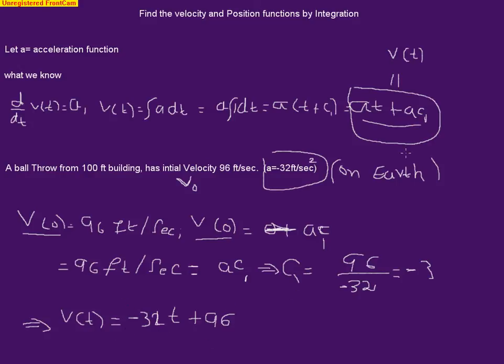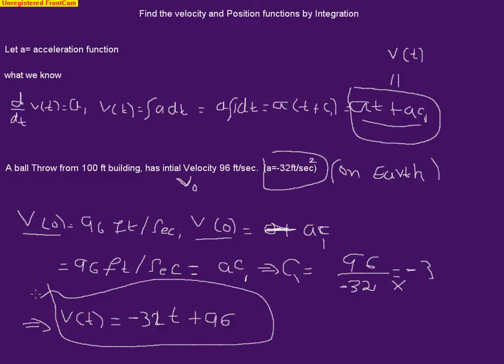Well, we're basing this on what we derived right here: a is negative 32, t is the variable, plus c1. We know that a is negative 32 and c1 is negative 3, so negative 32 multiplied by negative 3 would get us 96, and that's how we got the function.